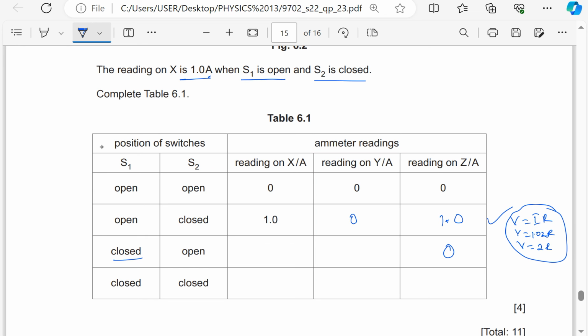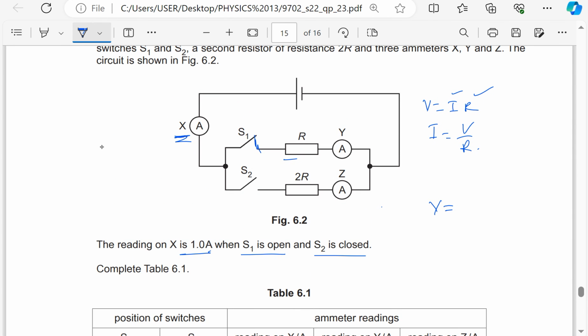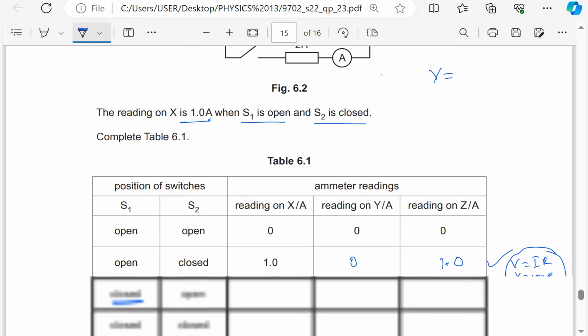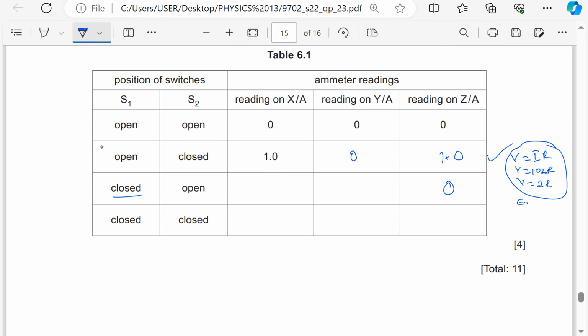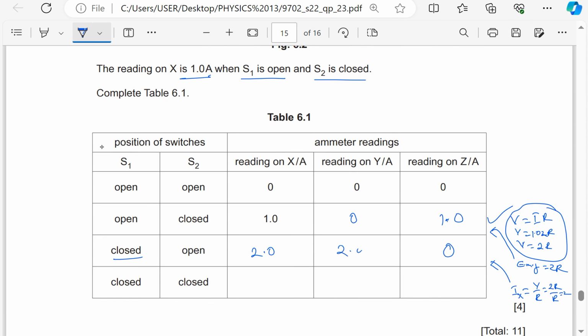The total PD, which is the EMF of the cell, is constant, it is going to be 2R. Then in the second stage, to find the current in X, I'm going to find V over R, where V is 2R divided by R, which gives me 2. So this is going to be 2.0, and of course it is the same as Y, which is also 2.0.